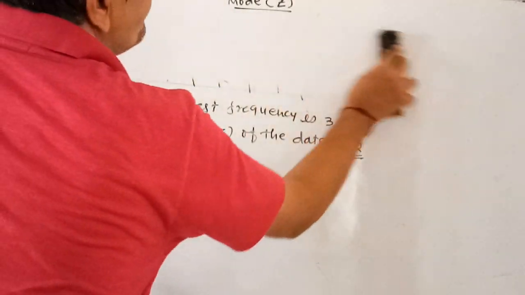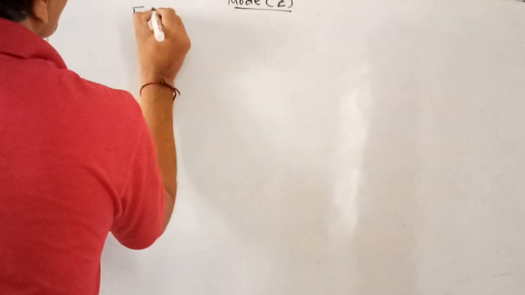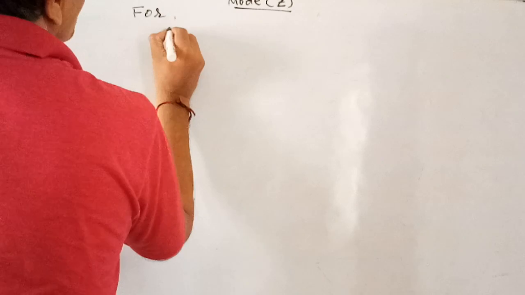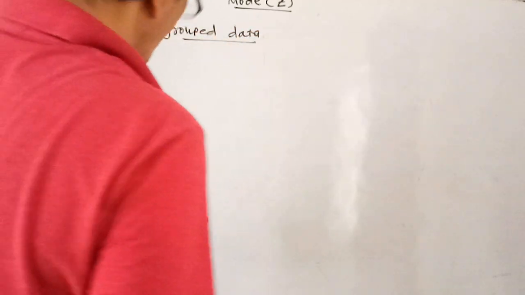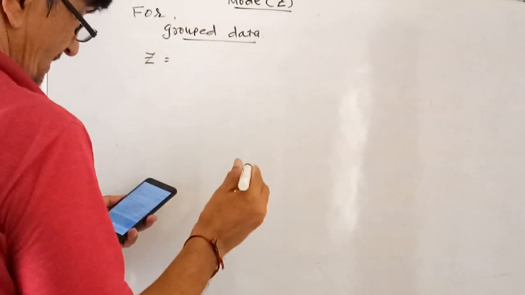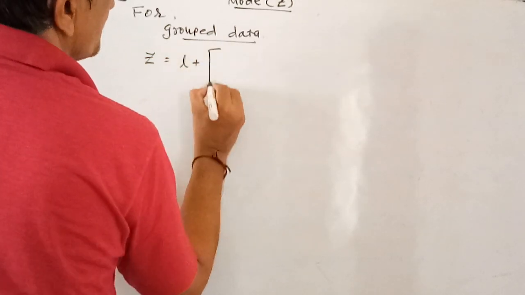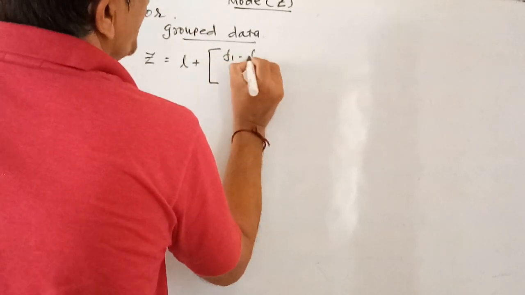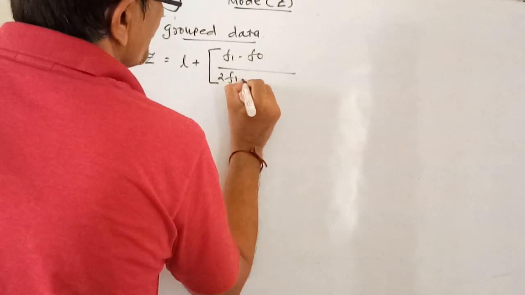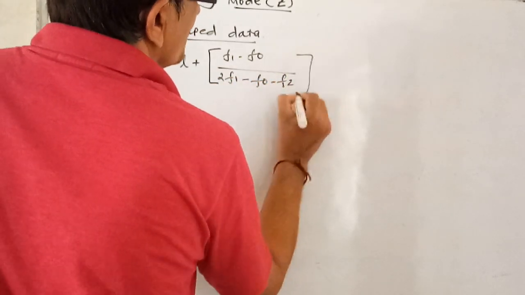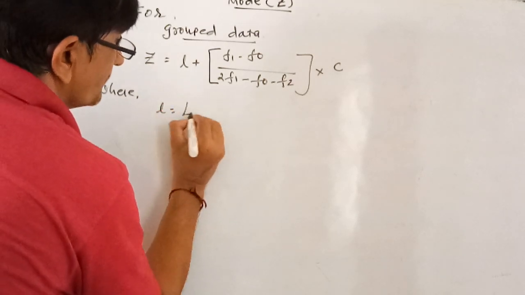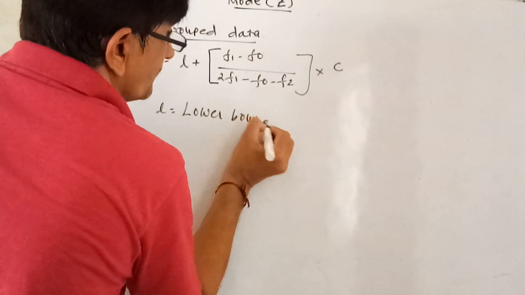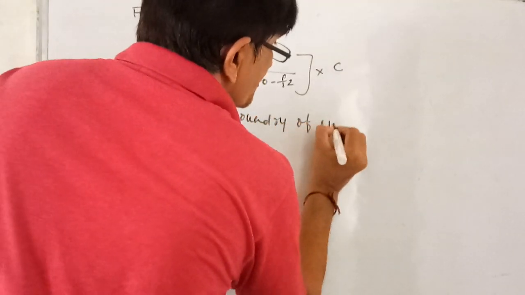Okay, for grouped data, mode Z is equal to L plus (F1 minus F0) upon (2F1 minus F0 minus F2) into C, where L is a lower boundary of modal class.